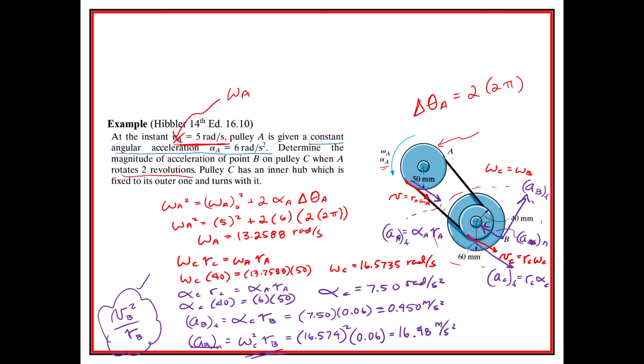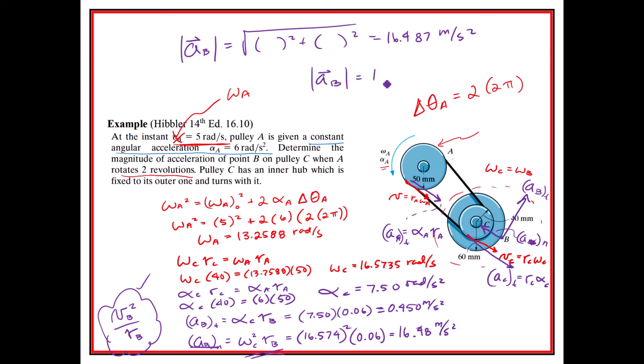So when we go for the magnitude of some point on B, it's going to be the square root of those two things squared, and because one is so much larger than the other, it's 16.487 meters per second squared, or we could just say that the magnitude is 16.5 meters per second squared.